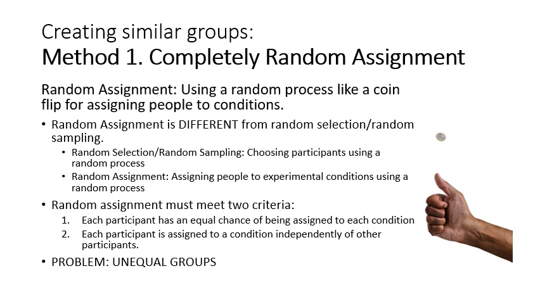The problem with completely random assignment is that you might get unequal groups, and you can picture why. If we have 2 conditions and we flip a coin, heads or tails, heads always goes to condition 1, tails goes to condition B, we know that we're not going to get the same number of heads and tails.